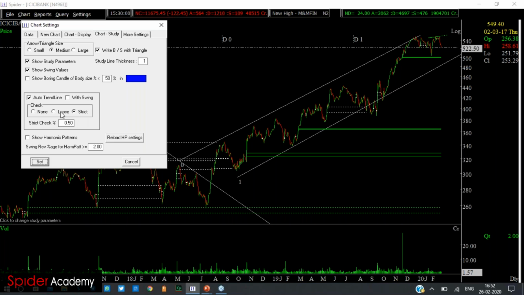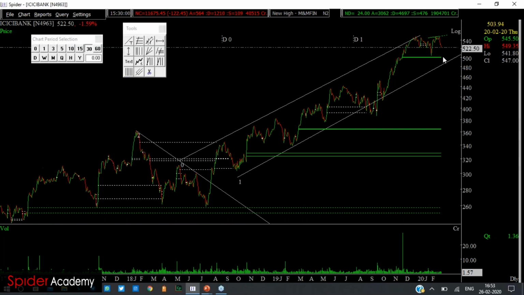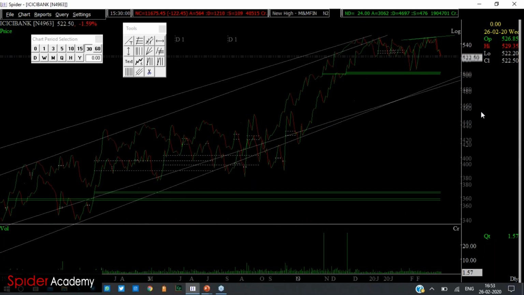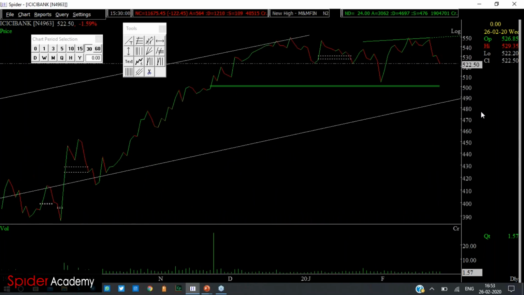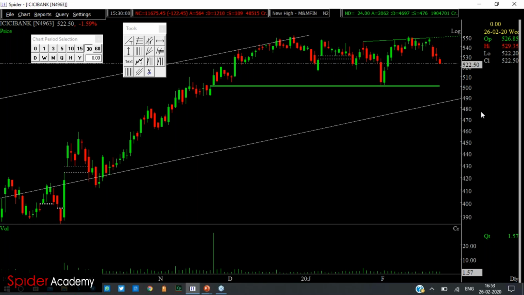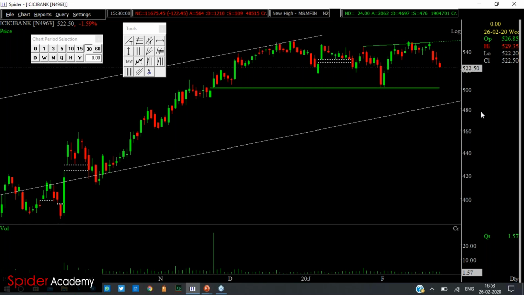Loose has a margin of variation which I don't prefer. With swings, you will have those lines of high and low, which again makes you assume a lot of patterns. Refrain from using that. Use just plain simple auto trend line with 0.05 and set it up. What would happen is you will start seeing these trend lines joining the highs and forming out.